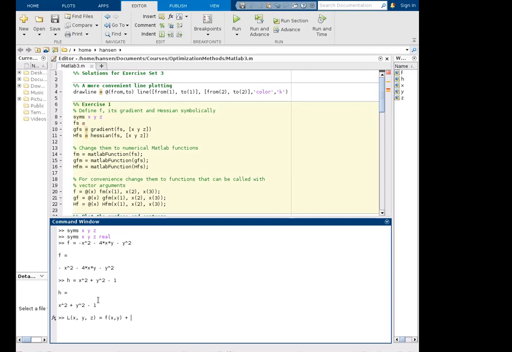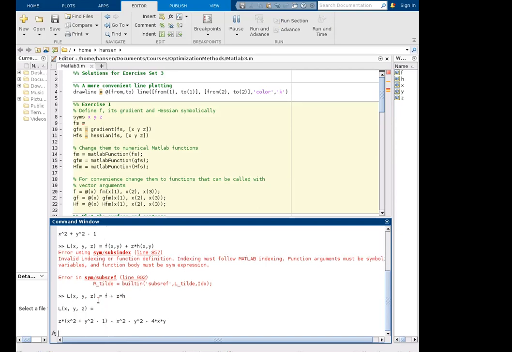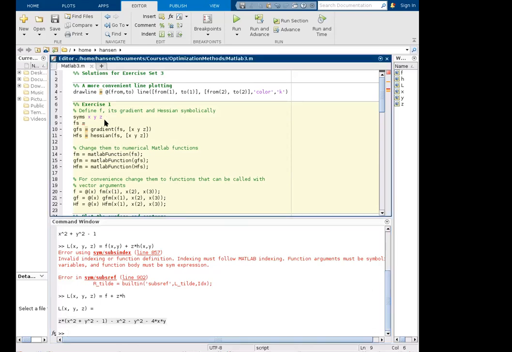So this lambda is now in the place where I used z times h of x, y. Sorry, I would probably need to write it like this. So we have here this. This is now our Lagrangian. So I'm just going to punch it in here.